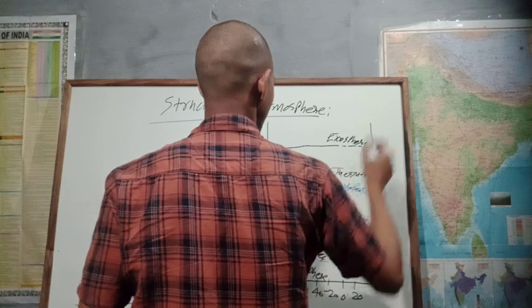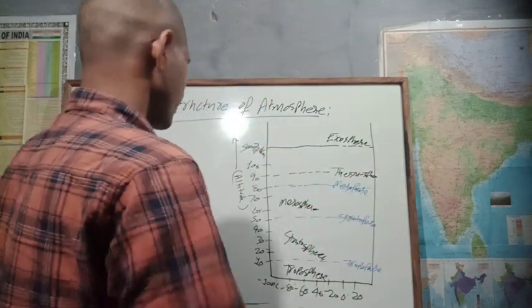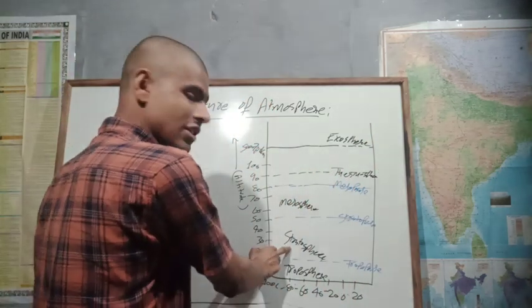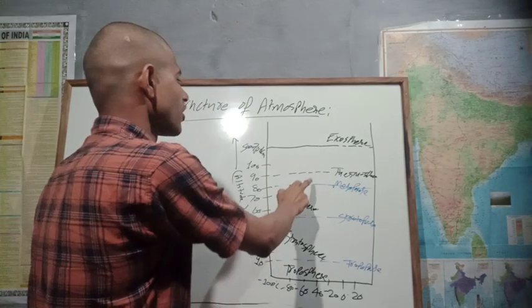So this is troposphere, stratosphere, mesosphere, thermosphere, then we have exosphere.